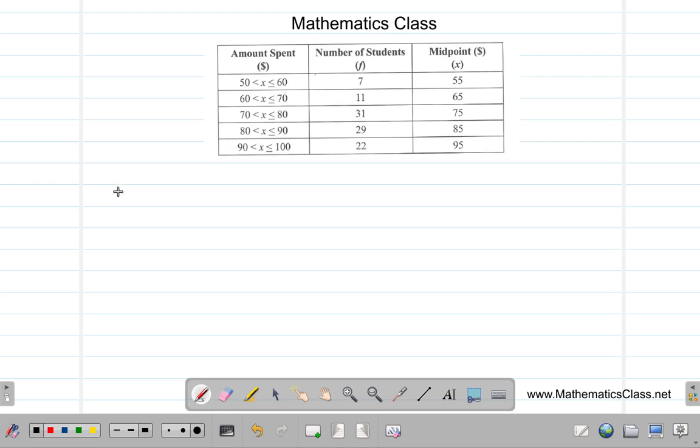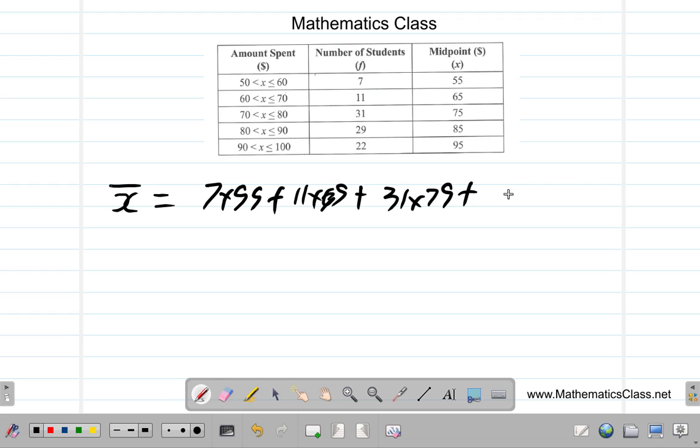So the mean, sometimes you write it as x bar. The mean is 7 by 55 plus 11 by 65 plus 31 by 75 plus 29 by 85 plus 22 by 95.